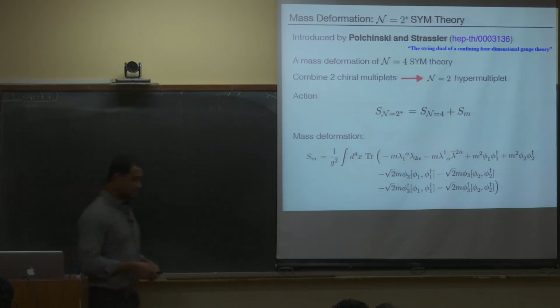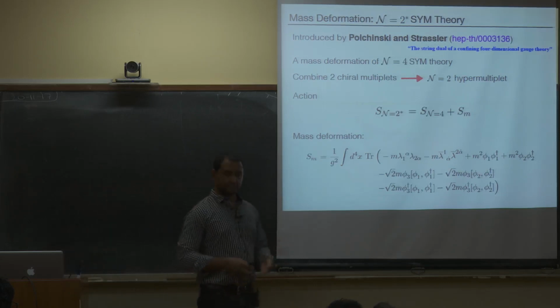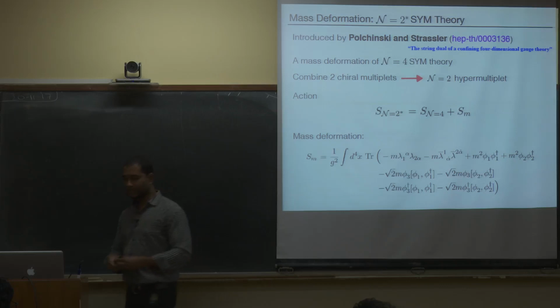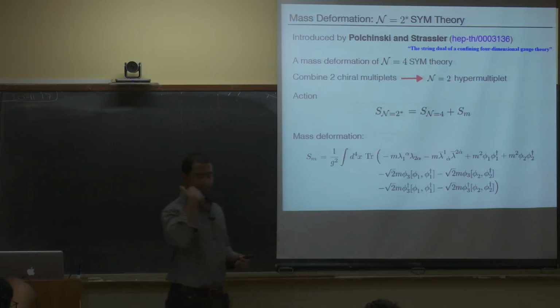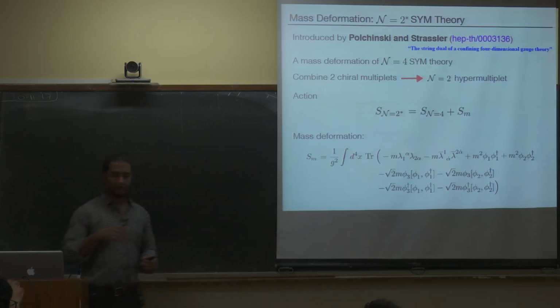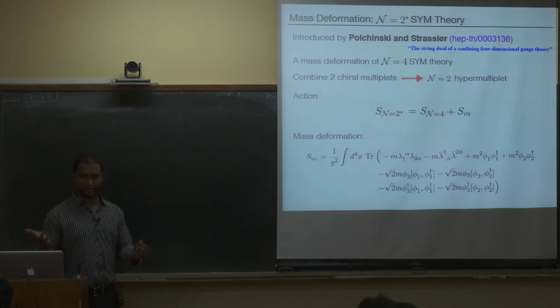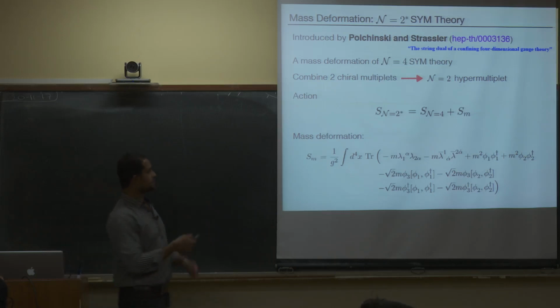Now this N equal to 4 super Yang-Mills has 16 supersymmetries. We can break these supersymmetries by adding some operators, some mass deformation. We can break 16 to 8 or 16 to 4, various ways we can do this, as described in the paper by Polchinski and Strassler. Here we are focusing on N equal to 2 star super Yang-Mills.